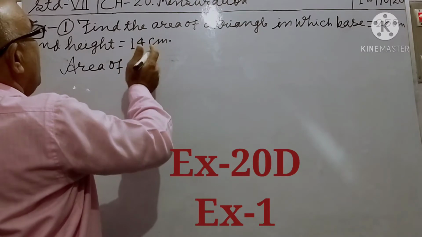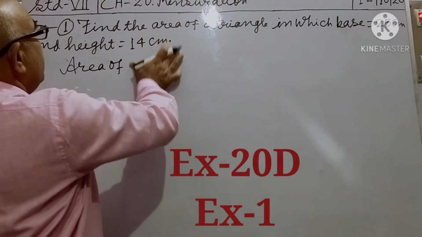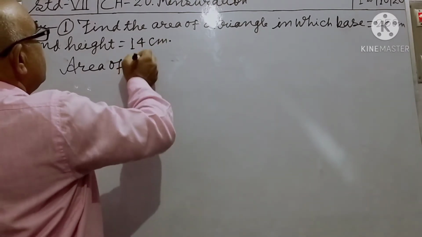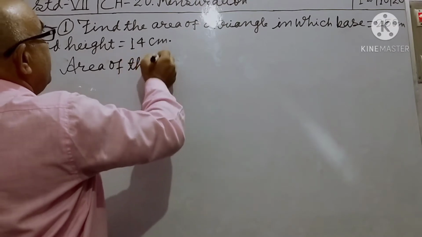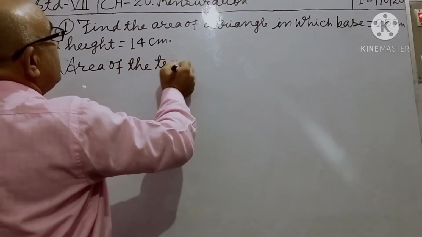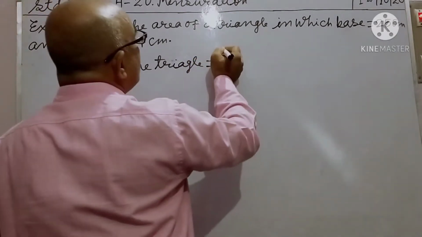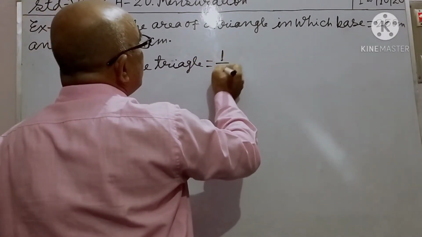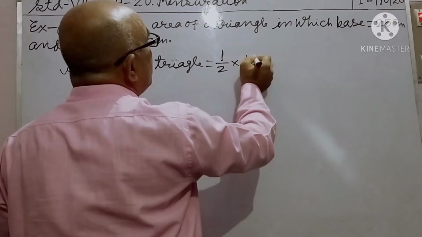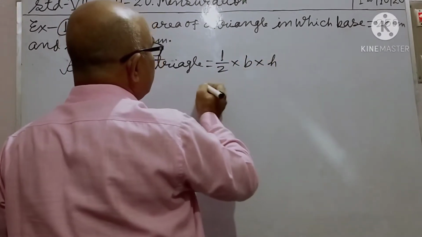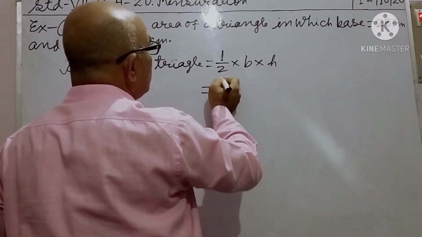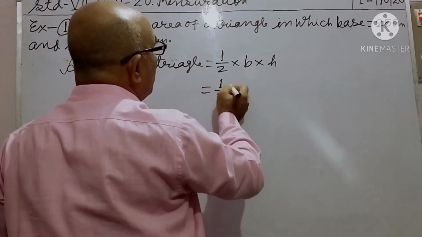Area of the triangle equal to 1 by 2 into b into h equal to 1 by 2.